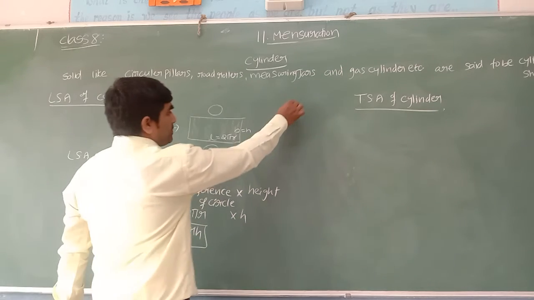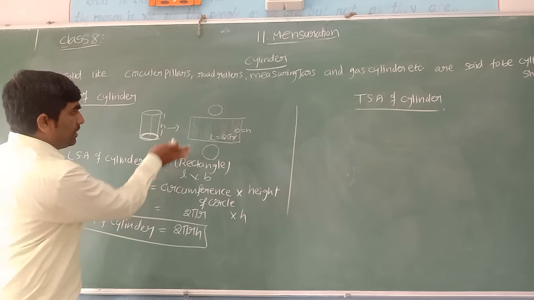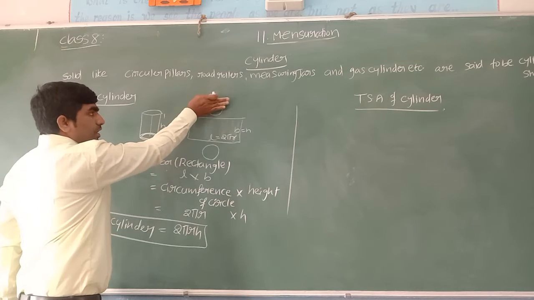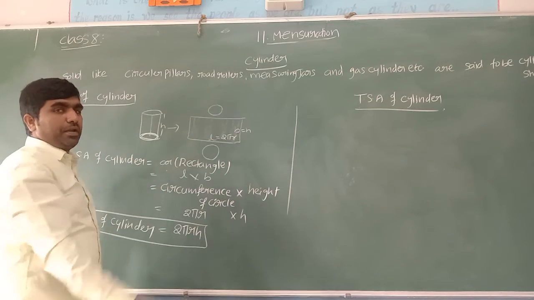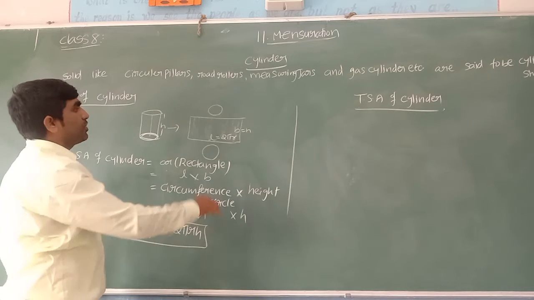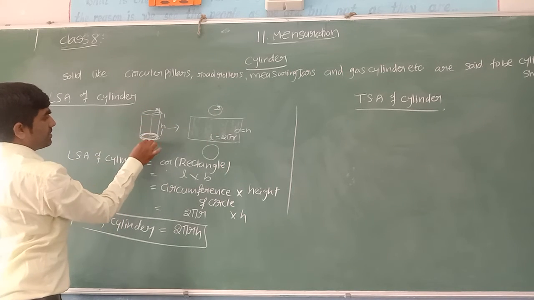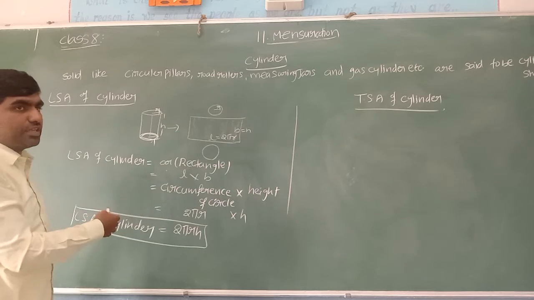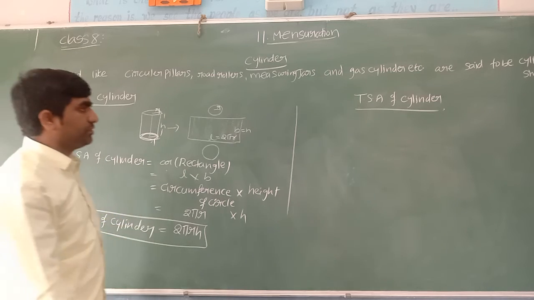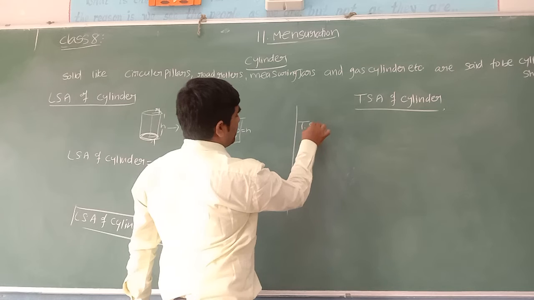Now let us see what is meant by TSA. TSA means LSA plus top circle area plus bottom circle area. As I said, the top and bottom circles have the same radius, so instead of finding individually, you can write 2 into the area of a circle.